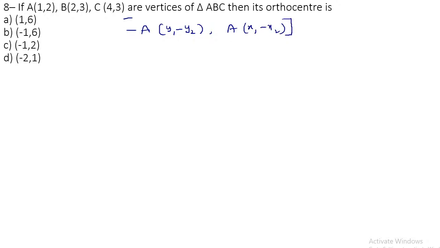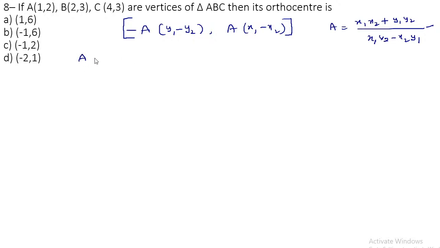This is the formula for finding the orthocenter when the vertices are given. What is a? a is x1 x2 plus y1 y2 by x1 y2 minus x2 y1.